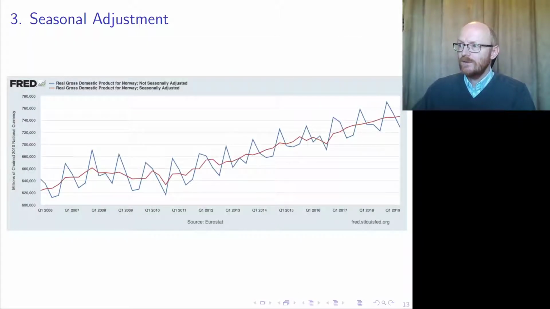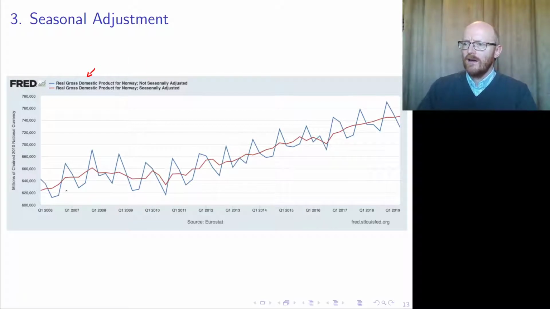So, for example, if we look at some U.S. numbers, this is gross domestic product for Norway. Let's see. Okay, yeah, 2006 to 2019. Gross domestic product for Norway, not seasonally adjusted. Looks a bit low, but yeah.